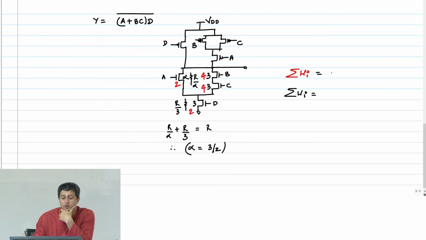This red one is how much? 12. Black one? 9 plus 1.5, 10.5, correct, sorry. So which one will you choose? The black one, because that has lesser area, right?